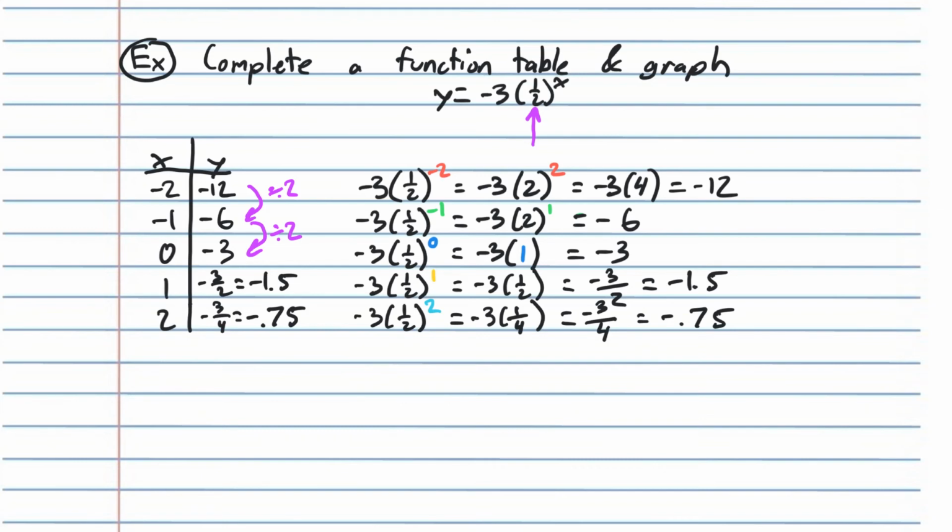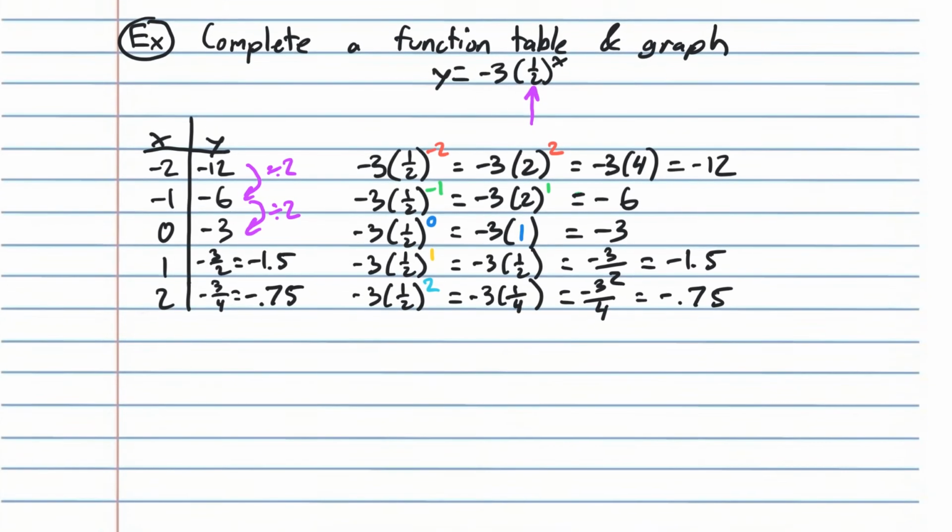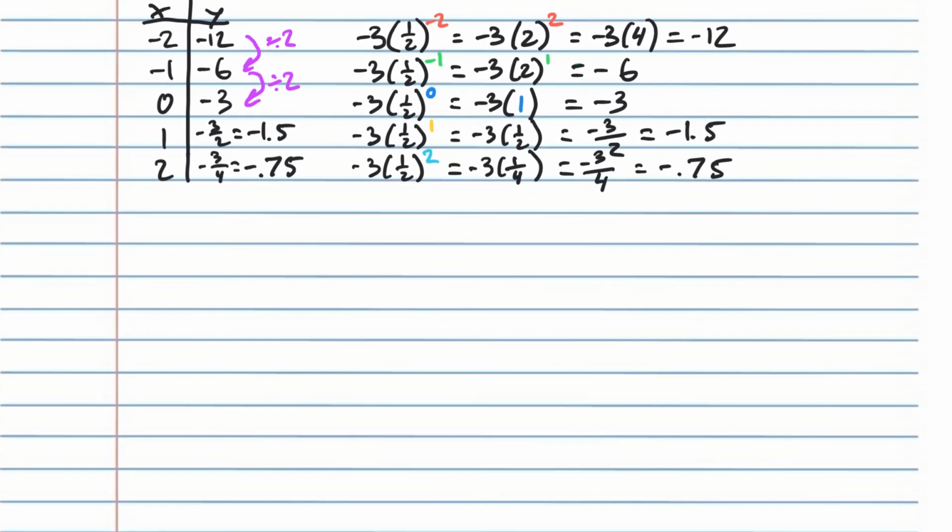Now that we have our table set up, we can draw our graph and see what this thing's going to look like. We have an idea. We know it's going to shoot up or shoot down, but let's get an exact graph going. Okay, I'm going to scroll down a little bit so you can still see the table, and let's draw a graph.